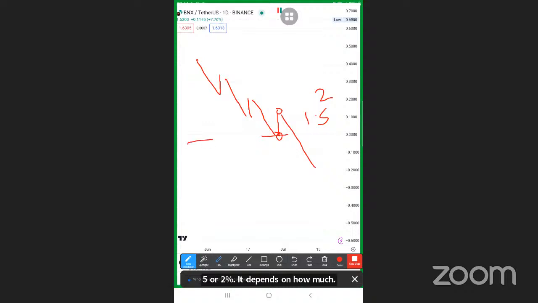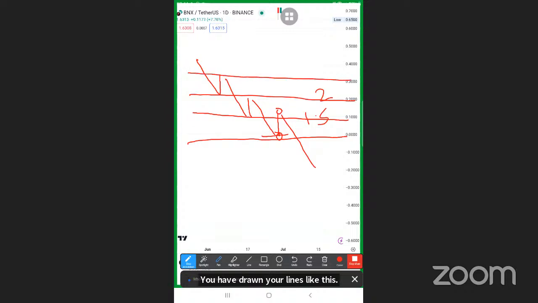Remember, you have drawn your lines like this. So when you measure from this point to this point where you are planning to exit, how much take profit is it? Now the market comes down to this other line, breaking your previous support. The market has come to the second support. Now it is supported here.